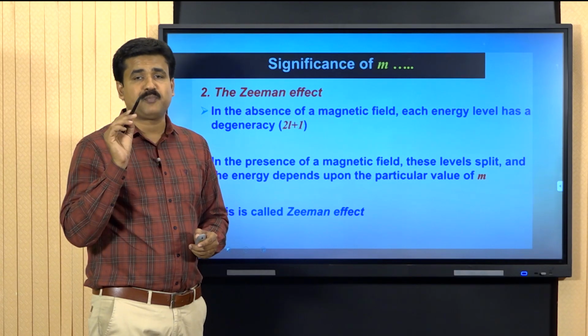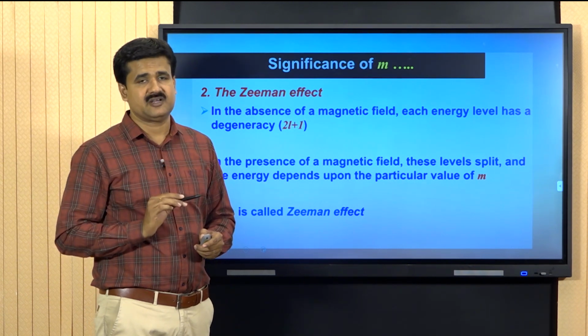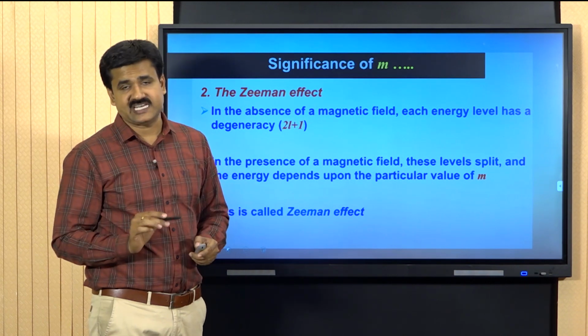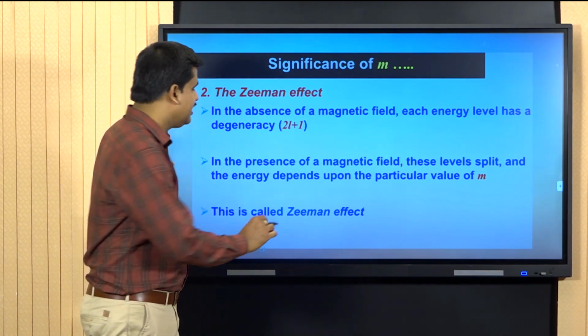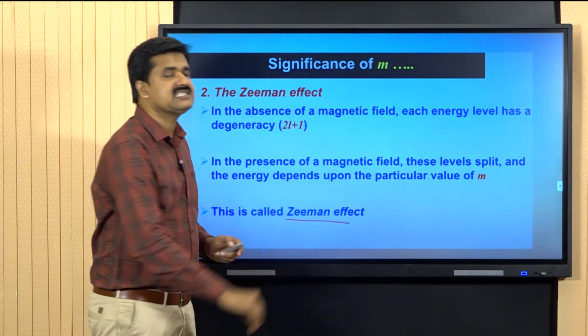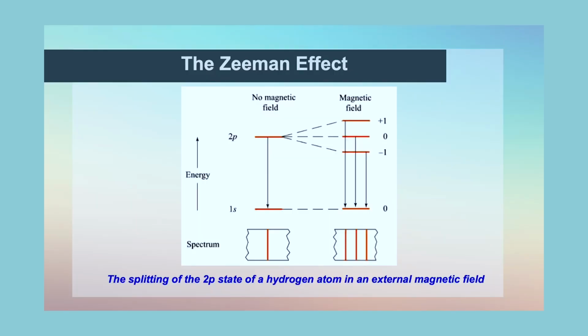The splitting up of energy levels, that is 2l plus 1 degenerate energy levels into different components under the influence of an applied magnetic field, is termed as the Zeeman effect.